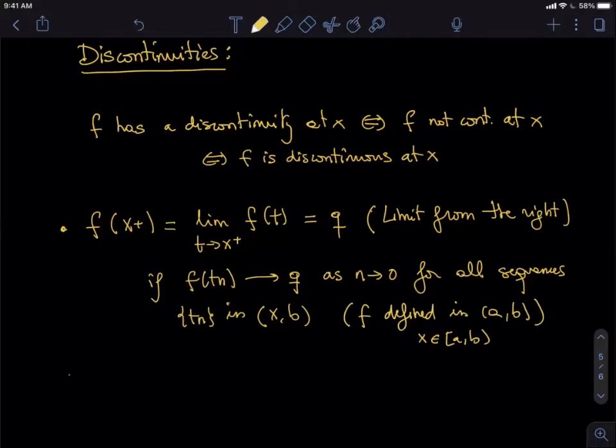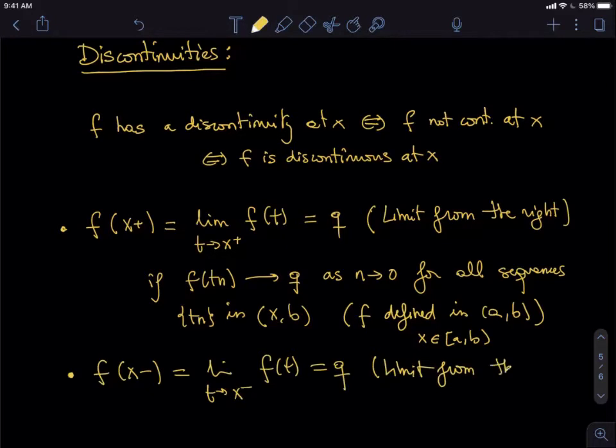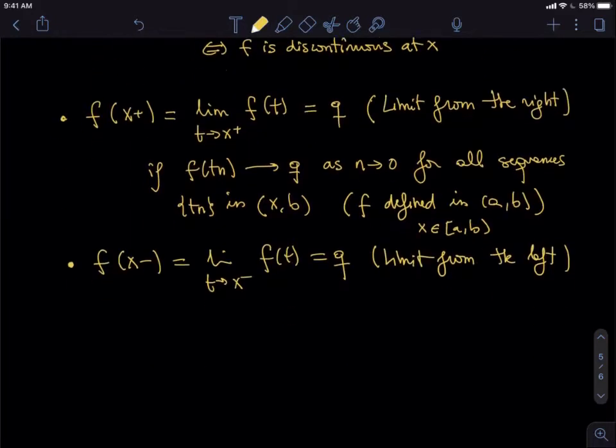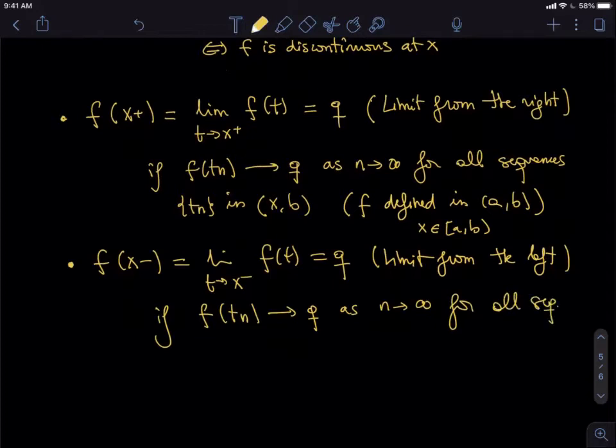Now we can also define, of course, the limit from the left, which is f of x minus, the limit as t approaches x from the left of f of t. It will be q if f of t_n converges to q as n converges to infinity. I wrote 0 before, but that's a mistake. This holds for all sequences t_n in [a, x).